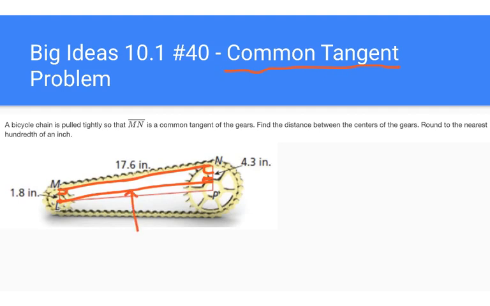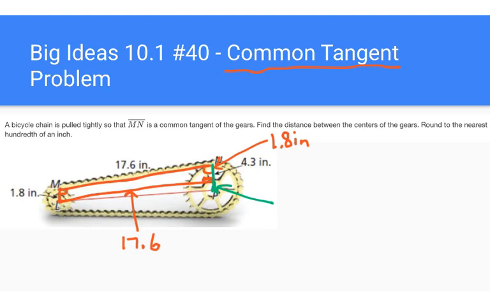I wish my picture was a little bit bigger so it would be easier for me to draw, but I'm going to say that's 17.6. Now this 4 3/10 is pointing to this whole radius, right? But in a rectangle, isn't this side the same length as this side? So that's going to be 1 8/10 inches, right? So now don't I know that segment length right there?